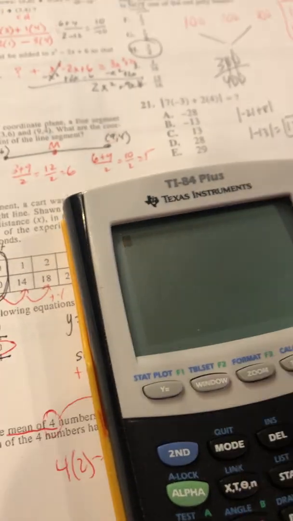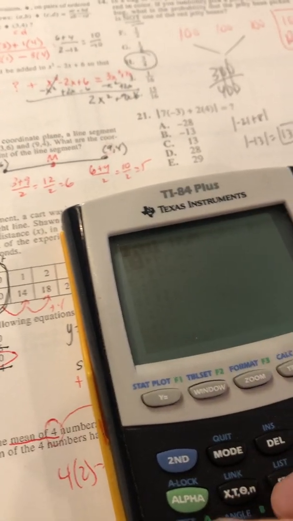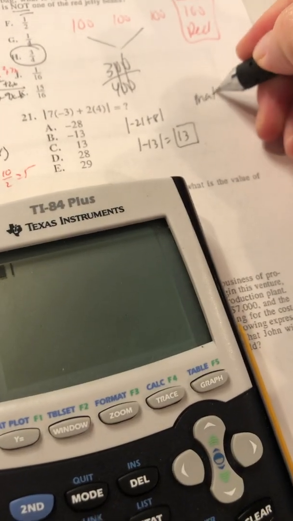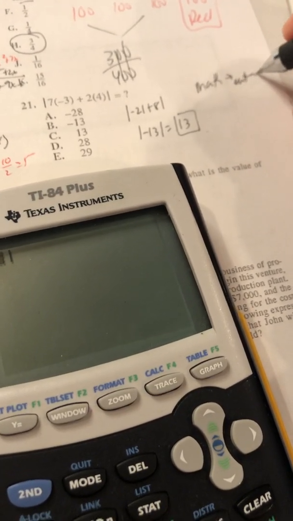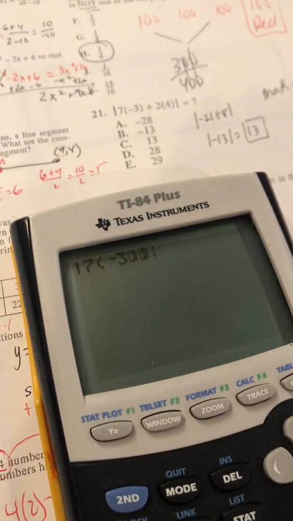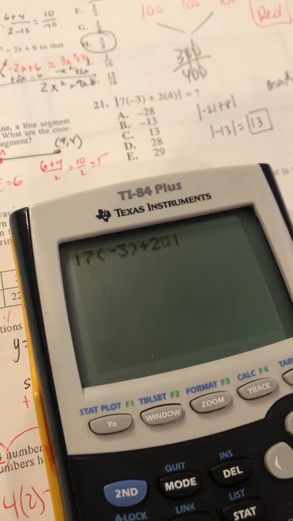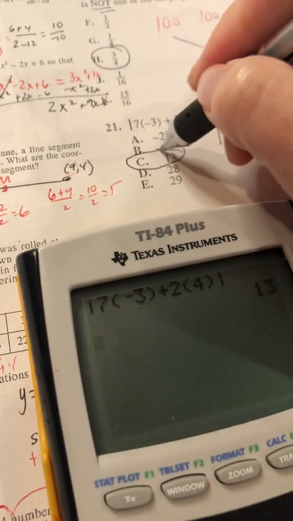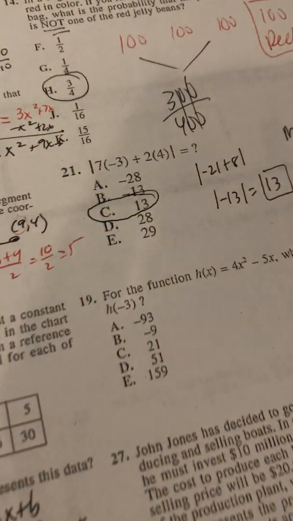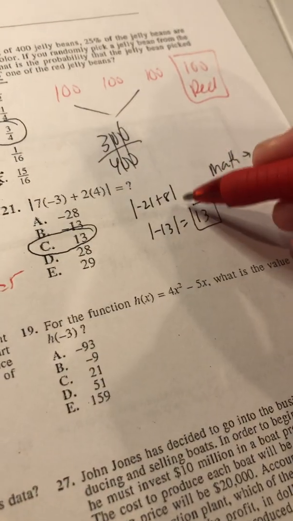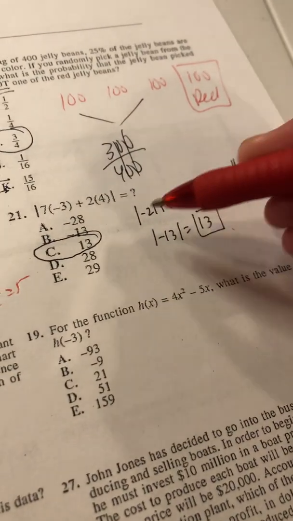But I want to remind you that you can do math, enter, and that you can just put it in. So do 7 times negative 3 plus 2 times 4. And when we're doing the ACT, guys, we just want to do it as fast and as correctly as possible. So yes, this is fast, but what if you make a mistake?